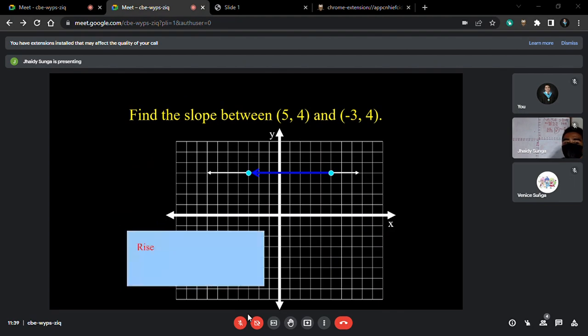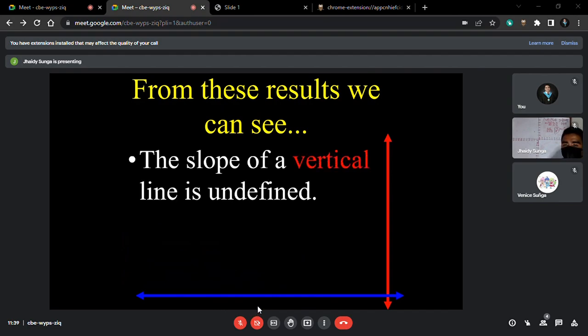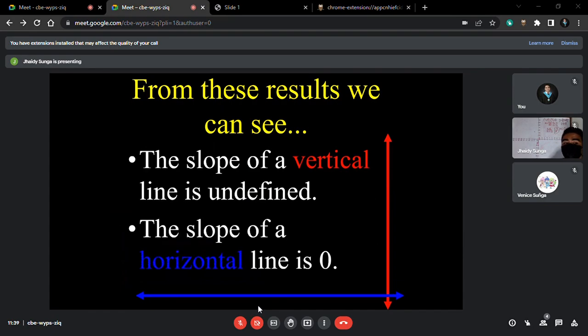We could have rise over run, 0 over negative 8, which is equal to 0. From the results, vertical lines are undefined, as I said, and horizontal lines have slope 0.